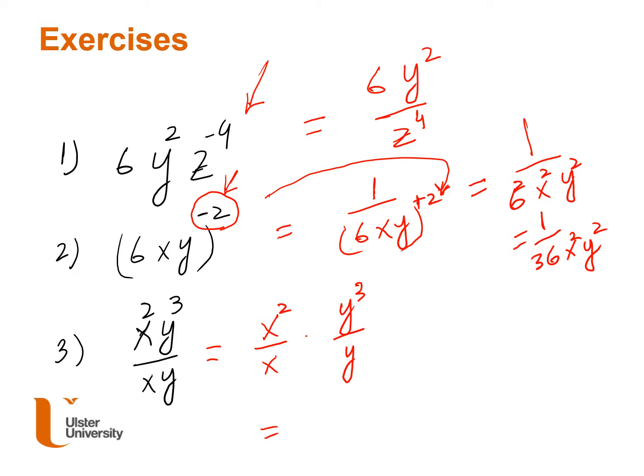Using laws of exponents, we can write x to the power 2 minus 1 and y to the power 3 minus 1. We know that the power of x and y is 1. So x to the power 2 minus 1 is x to the power 1, we don't need to write the 1. And y to the power 3 minus 1 would be y to the power 2. So that would be our answer.